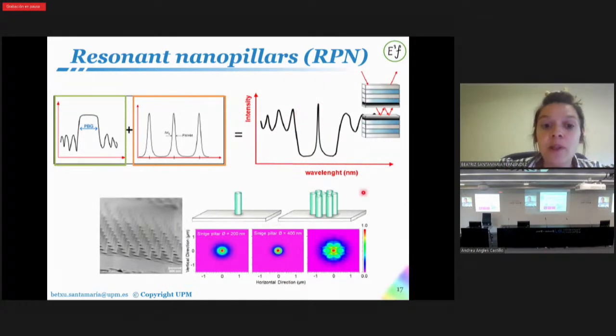So in this sense, we increase our sensitivity. But we also play with the evanescent field. If we have only one of these resonant nanopillars, there will be this contribution in our evanescent field. But if we combine several nanopillars, we can have a higher contribution in this evanescent field, so our sensitivity will again be increased.